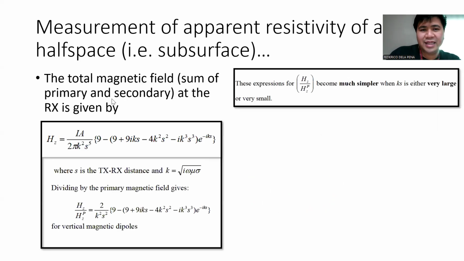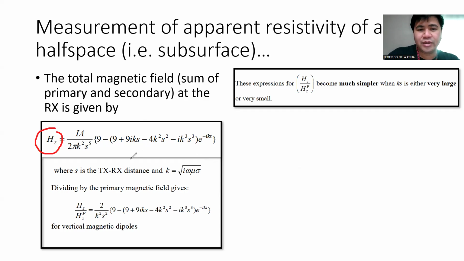Okay, so again, we already discussed this part. Now, this is the somewhat important part. So this is just the equation for the total magnetic field.